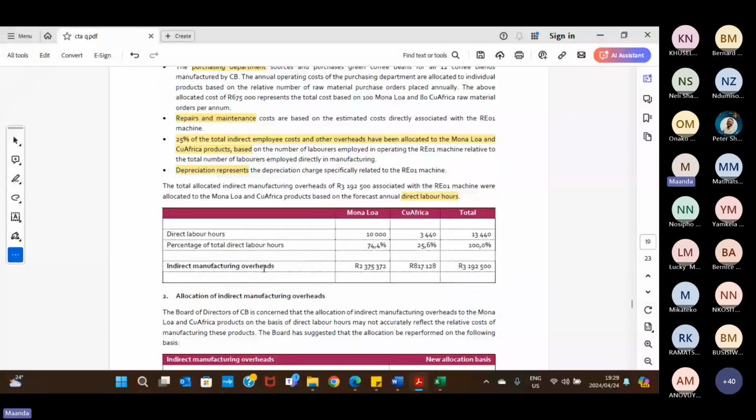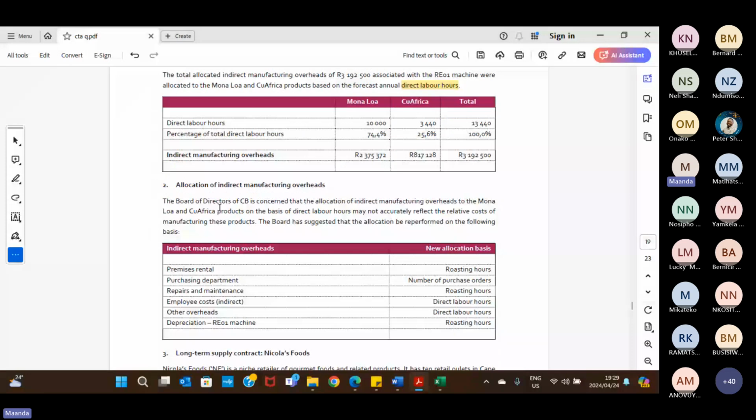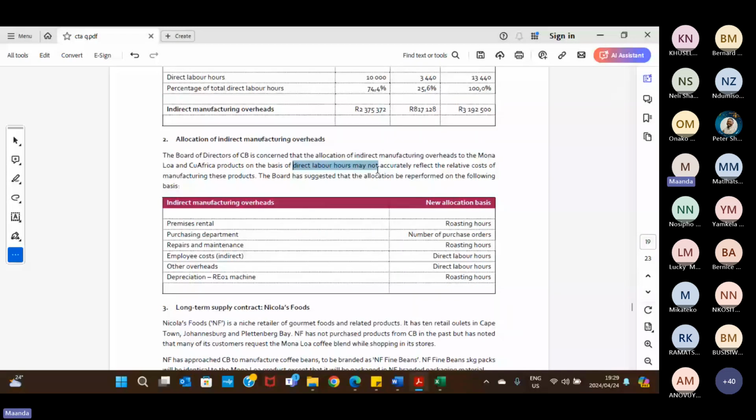Now, the board of CB is concerned that the allocation of indirect manufacturing overheads to M and C on the basis of direct labor may not be accurate, right? It might not accurately reflect the relative cost of manufacturing these products. The board has suggested that the allocation be reperformed on the following basis. So now they gave us the cost driver, we have the activity, and we have the cost of each and every activity.